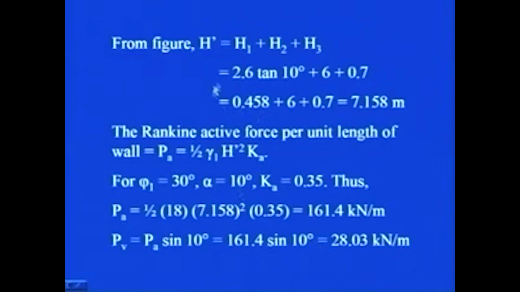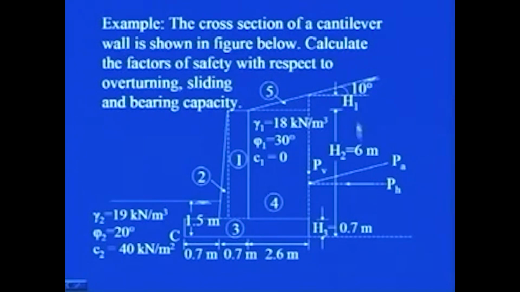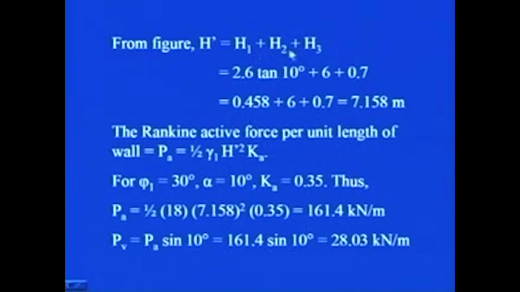Now, from this figure, H prime, you remember, was this total distance. That is equal to H1 plus H2 plus H3, where H1 is 2.6, the width of the heel slab, multiplied by tan of 10 degrees, plus 6 plus 0.7, and that works out to be 7.158 meters.